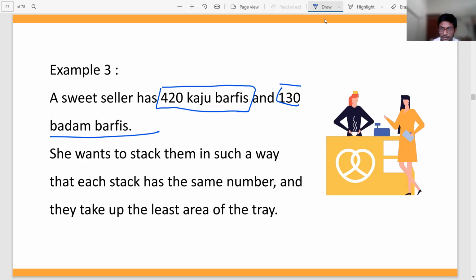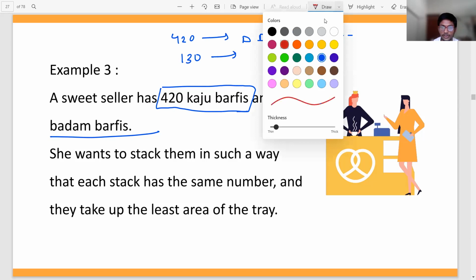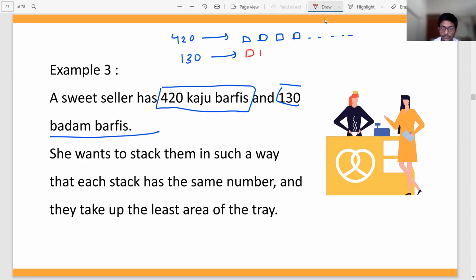Okay, so the seller has 420 pieces of Kaju Barfis like this, and 130 pieces of Badam Barfis. So these are Badam Barfis. She wants to stack them such that each stack has the same number and they take up the least area of the tray.